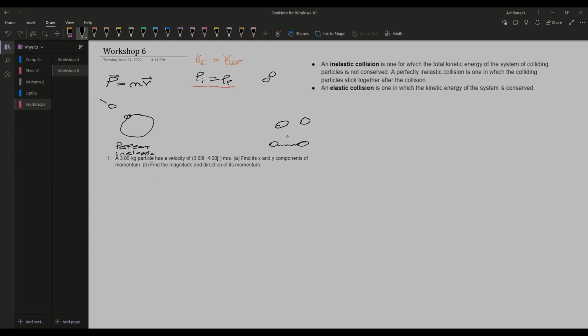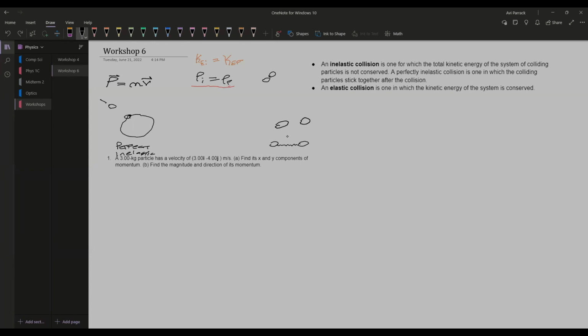There's no sound that gets made, there's no heat that is released. Because of this, the kinetic energy final is the kinetic energy initial. So this really doesn't happen on a macroscopic scale in real life, but it is sometimes a useful approximation.